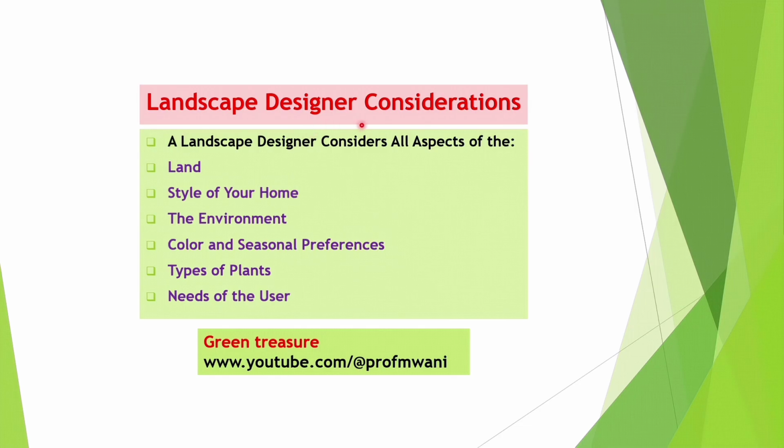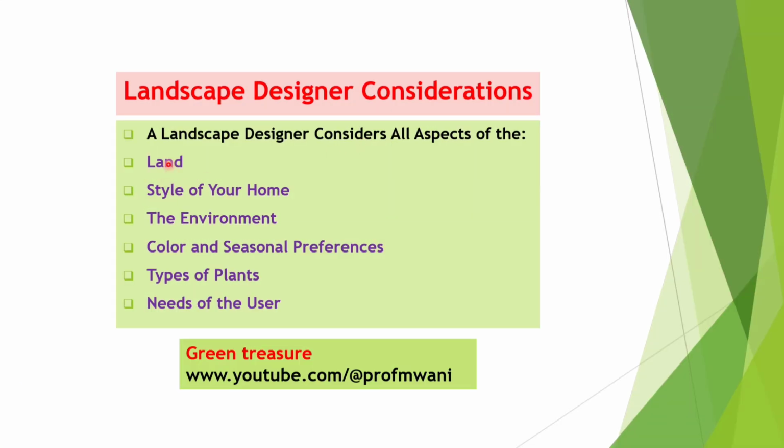Landscape designer considerations. Whenever you go for a design, a landscape designer will always consider first the land: what is the type of land, how much land there is, and the style of your home, because it will be next to your home.